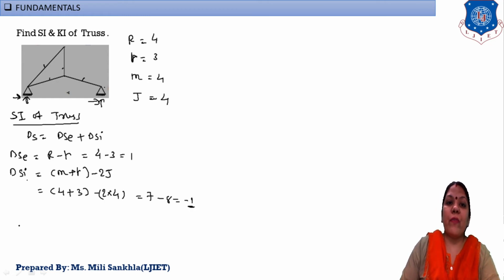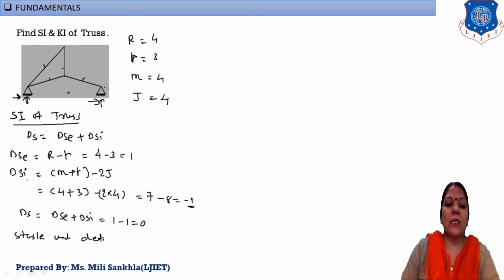Because DSI is equal to minus 1, our answer is negative, and the given truss is internally unstable. But what is the effect on the total figure? DS is equal to DSE plus DSI, that means DSE is equal to 1 and DSI is equal to minus 1, giving 0. So the truss is stable and determinate.